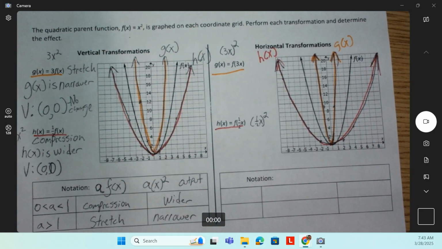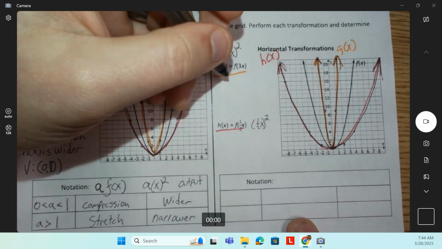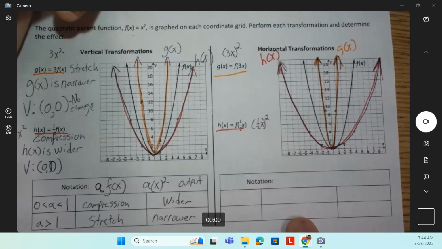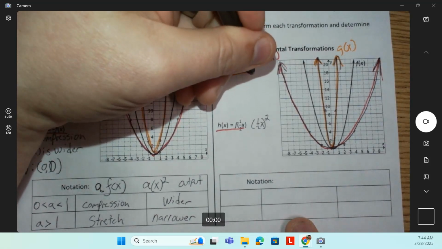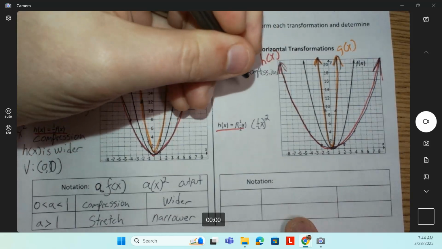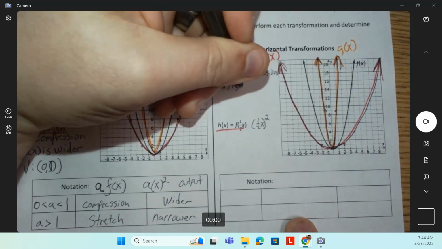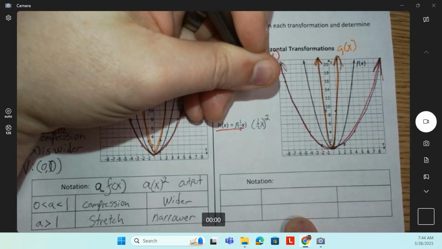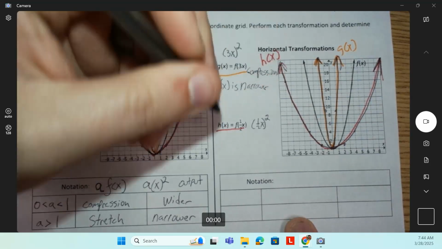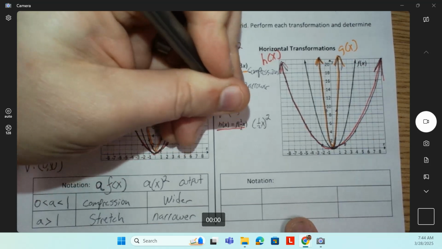And so let's define a few things on this. So this was a horizontal compression, and so g of x is narrower. And still on the vertex, there's no change.